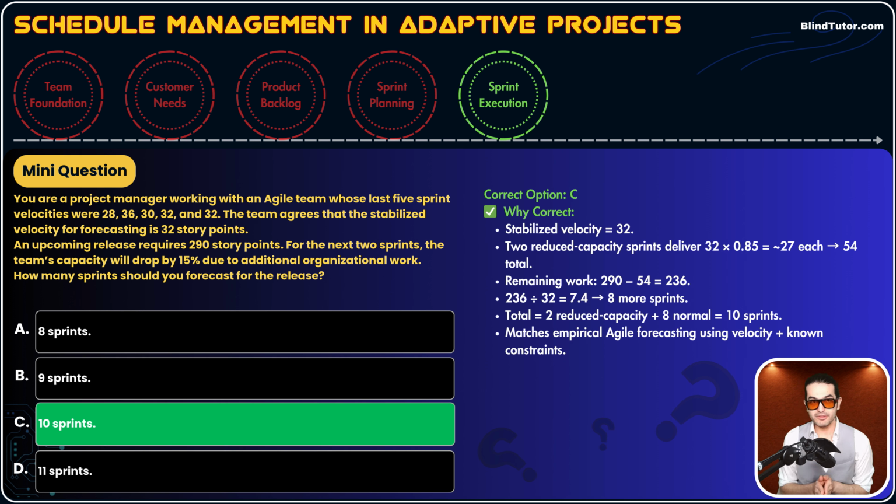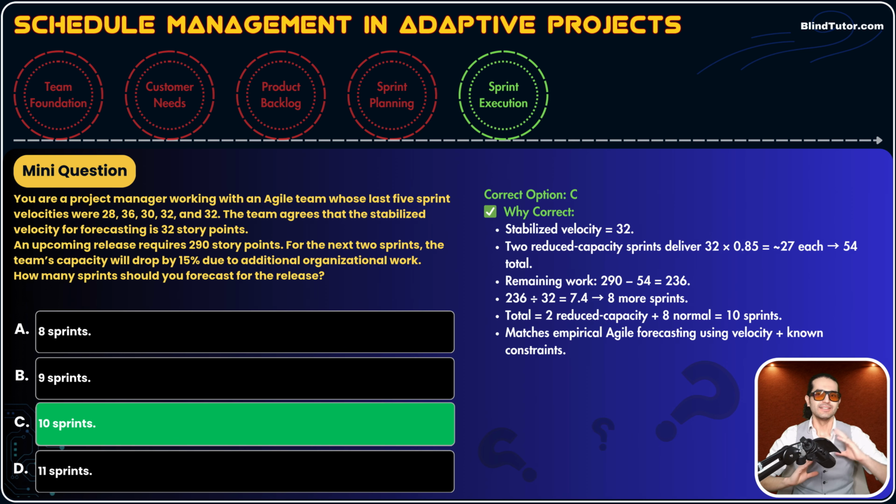Now, from the 3rd sprint onward, the team goes back to the original capacity, which is 32 story points. So 236 divided by 32, it'll be 7.4. We round it up to 8, okay? We don't round it down. We round it up always, guys, okay? So it'll be 8 sprints.